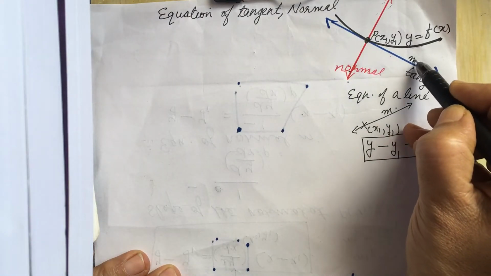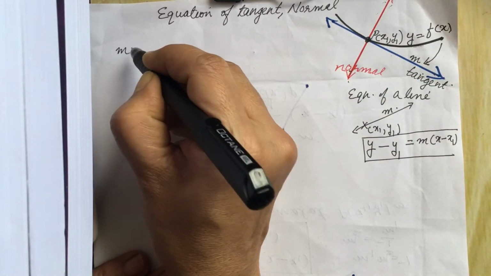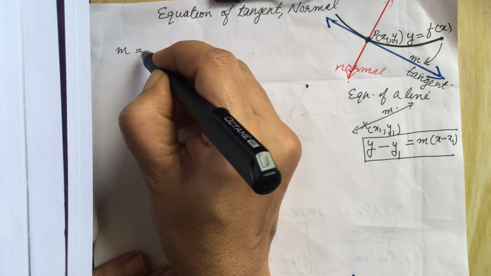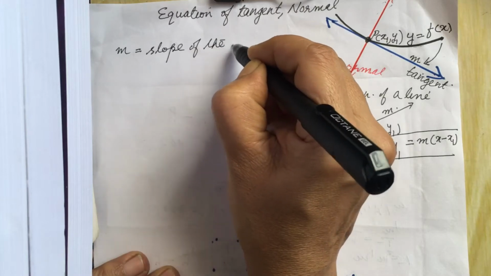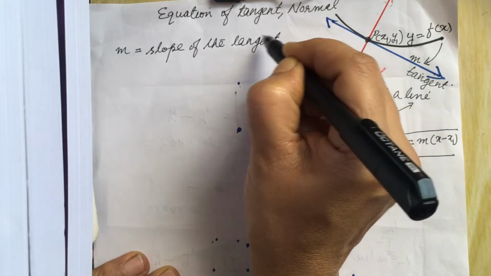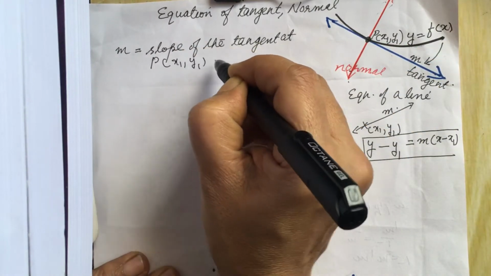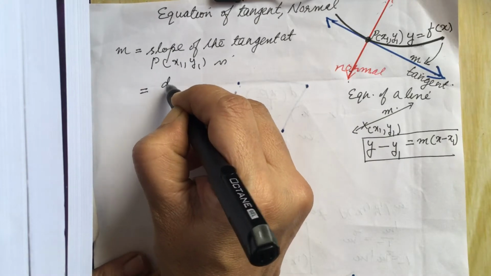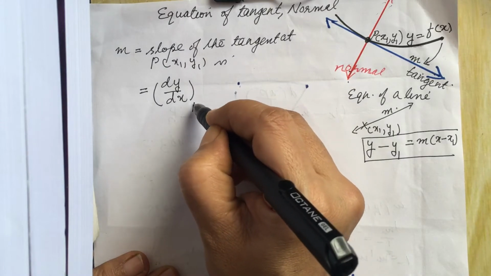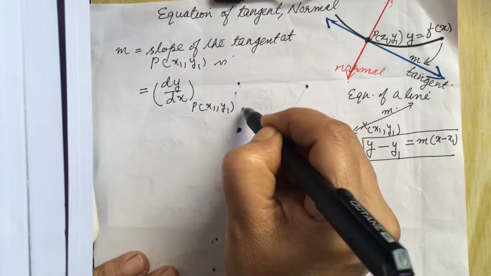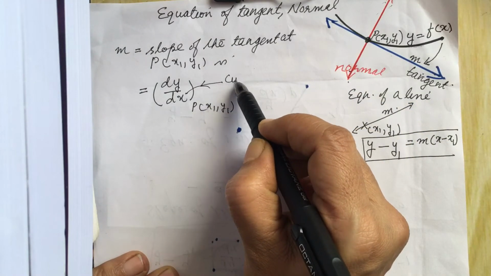And how to get the slope of the tangent from the equation of the curve: slope m of the tangent at P(x1, y1) can be found from dy by dx at P(x1, y1). This dy by dx we are taking from the equation of the curve.